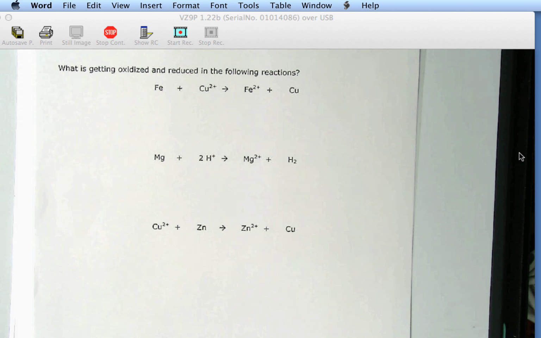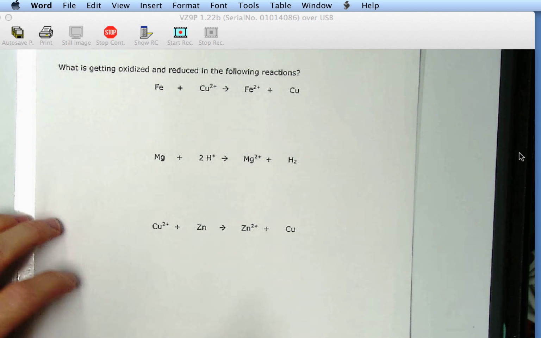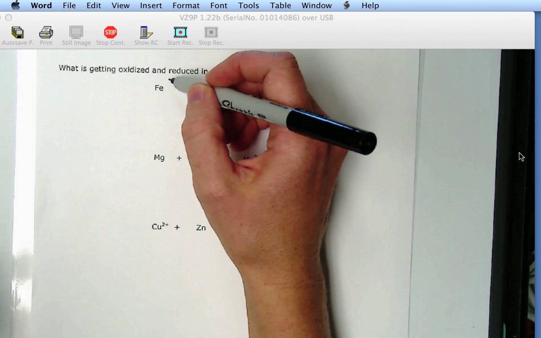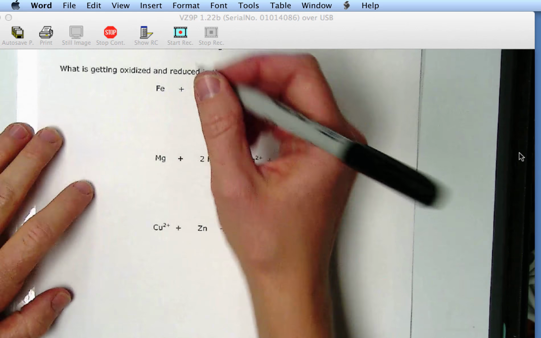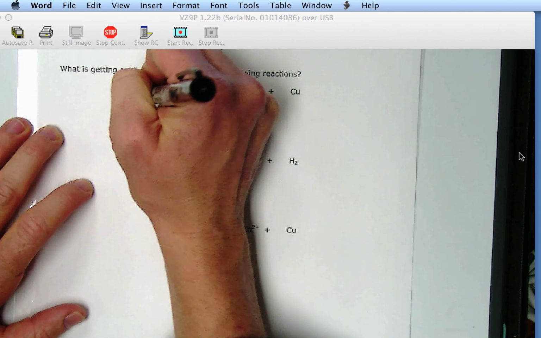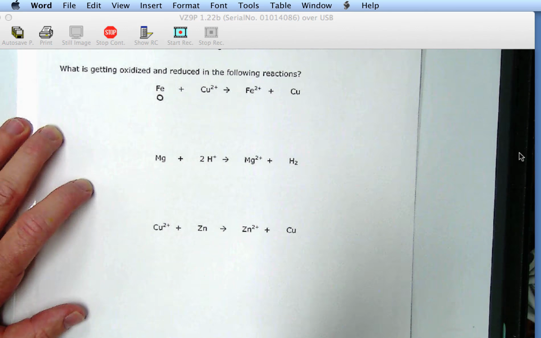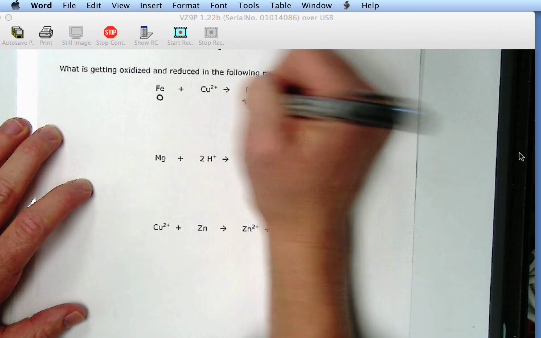All right, so these oxidation reduction reactions, when you're trying to figure out what's getting oxidized and what's getting reduced, if it's a metal, it's going from a charge of 0. So this is going from a 0 charge to a +2 charge.